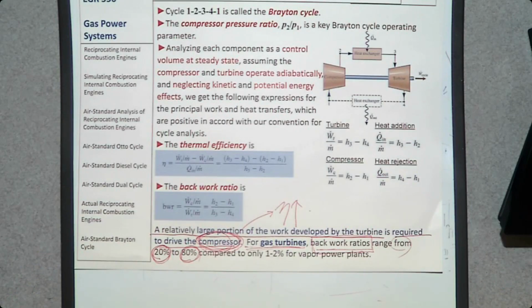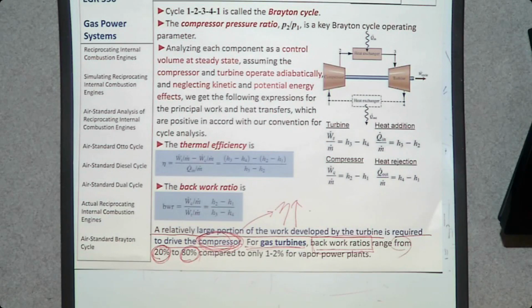So the net power is going to be much less. If it is a 1 megawatt power plant, the actual turbine power it produces is going to be maybe 3 megawatts or 2 megawatts, way greater than the net power it develops. So that's the downside. But the good thing is that we can achieve higher efficiency, and also this gas turbine is cheaper and much simpler than the Rankine cycle.